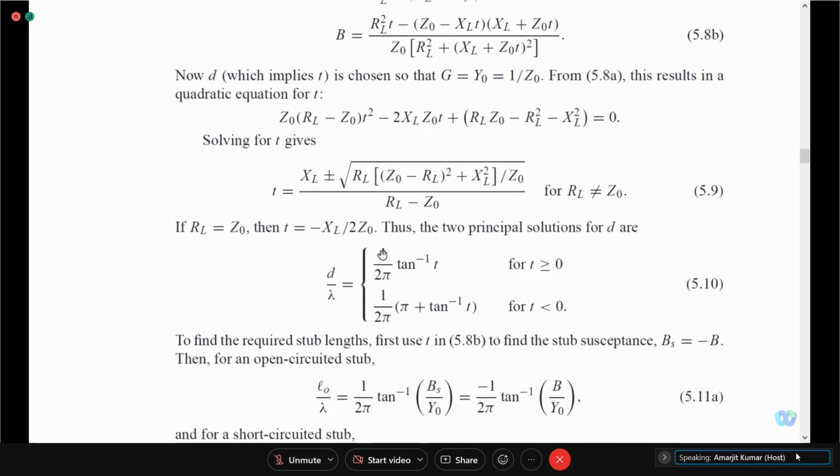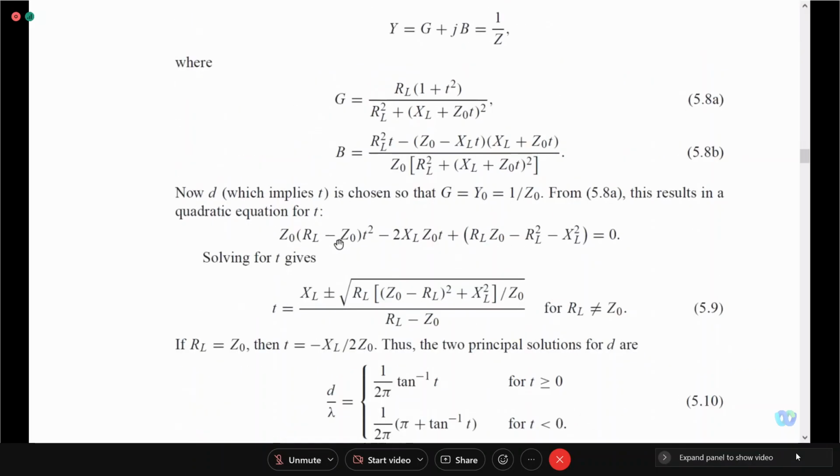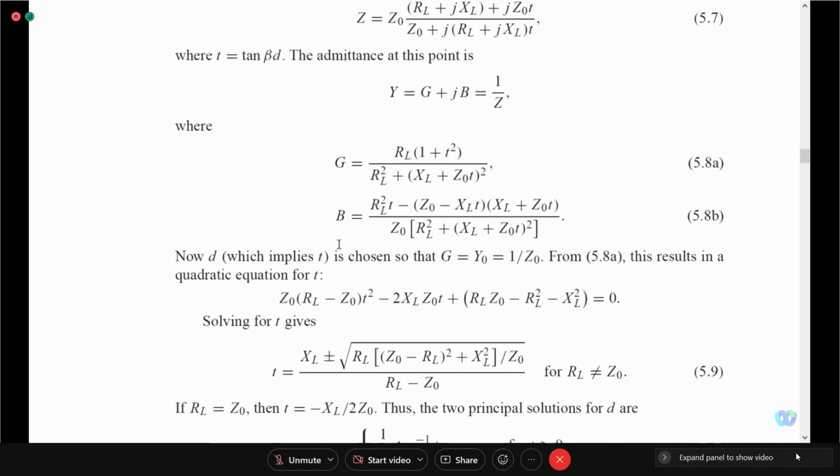Then you will get T is equal to minus XL upon 2 Z naught, where T is tan beta d. Because if Z naught is equal to RL, then the denominator vanishes while the numerator is okay.